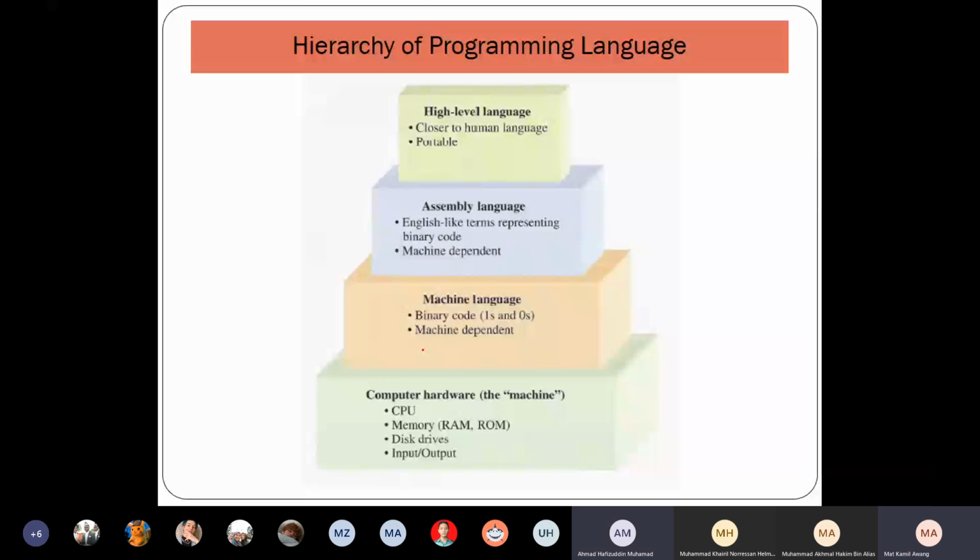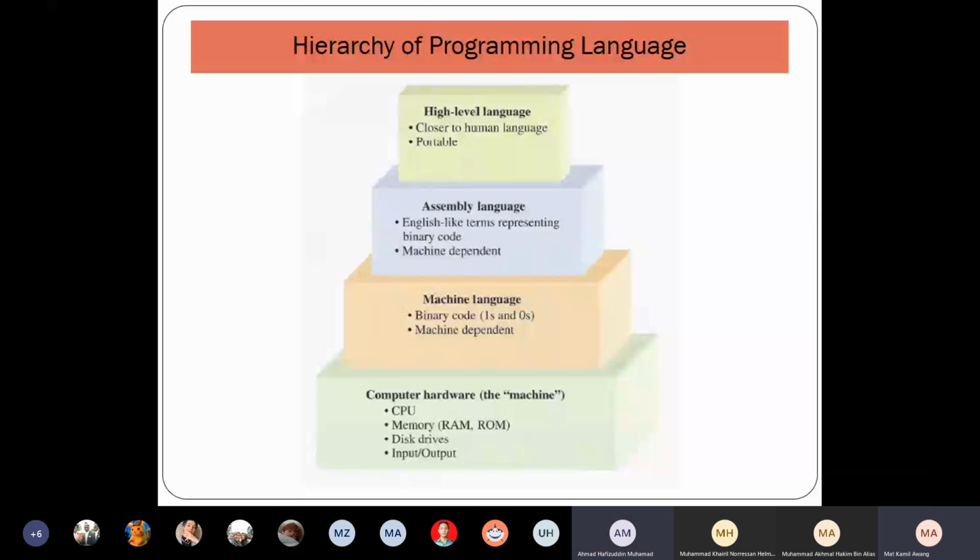So those are actually at the CPU, memory, disk drive, and all those levels already. In the CPU, it just recognizes the voltage: 5 volt as 1, 0 volt as 0. So that is the hierarchy of the programming language.